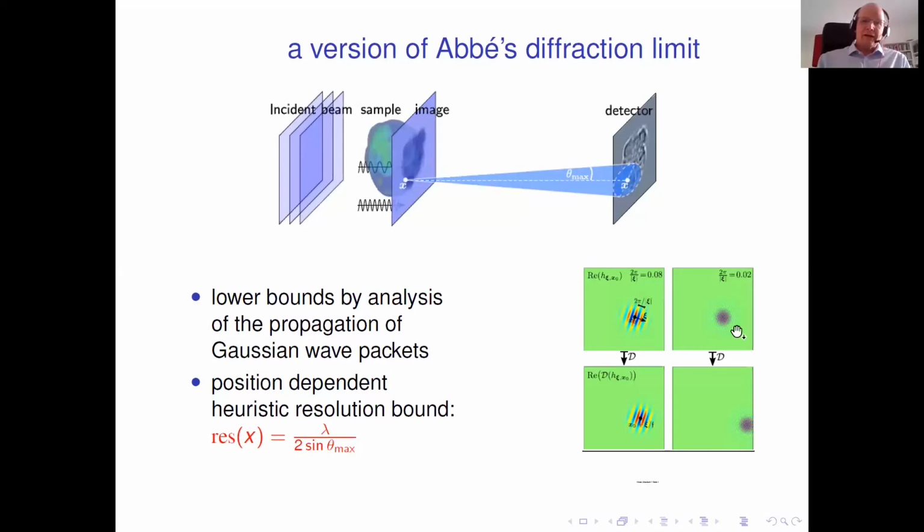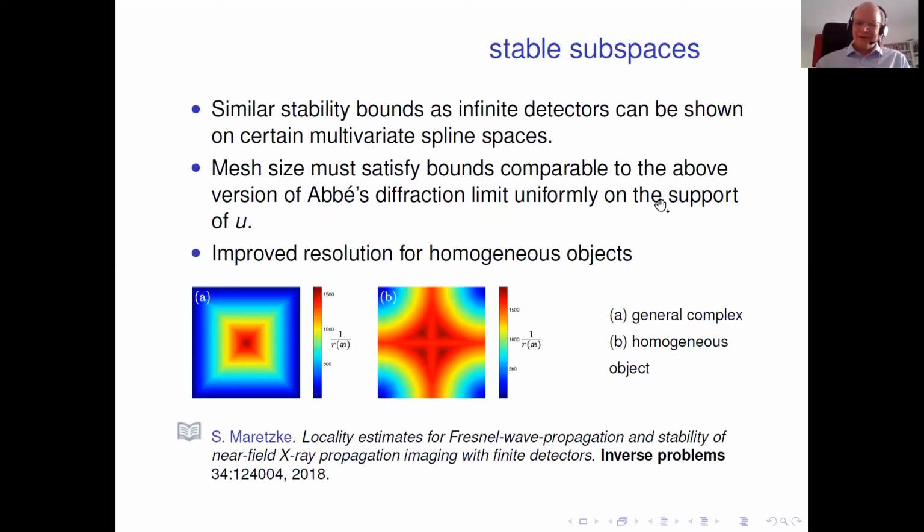Okay, so these were all heuristic arguments. We could also turn this into a mathematical theorem, actually, Simon could turn this into a mathematical theorem, and so he could show stability estimates for finite dimensional subspaces.